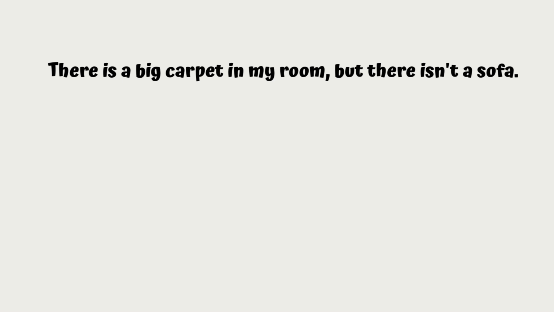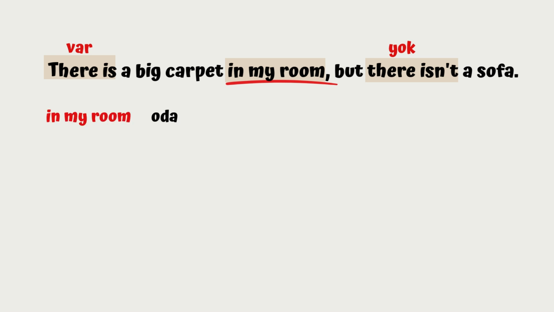Are you ready? So as you see, we have there is and there isn't. So we're going to use var and yok at the end of the sentence. And the beginning of the sentence is going to be in my room. So how do I say in my room? Room is oda. My room is benim odam. So we add the noun ending for benim, odam.